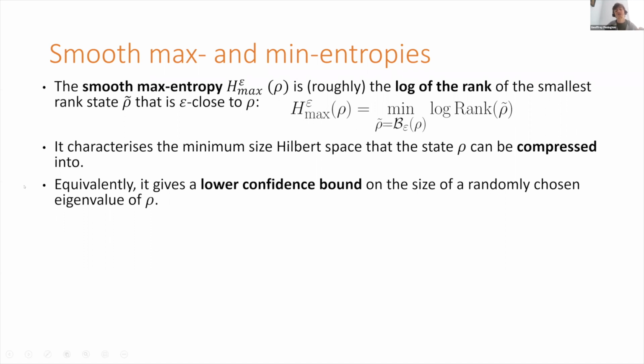This smooth max entropy is saying, if I pick a random eigenvalue of rho, again from the distribution lambda, what's a lower confidence bound on its size? So how can I be confident that the eigenvalue that I pick will be bigger than 2 to the minus H epsilon max? Okay, that's a lower confidence bound on its size.